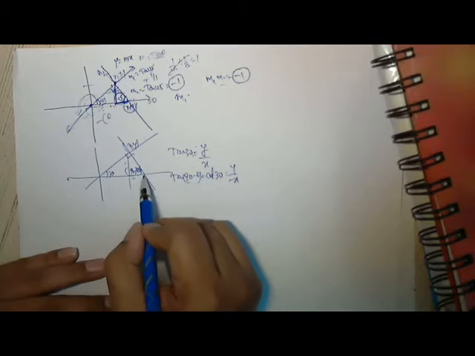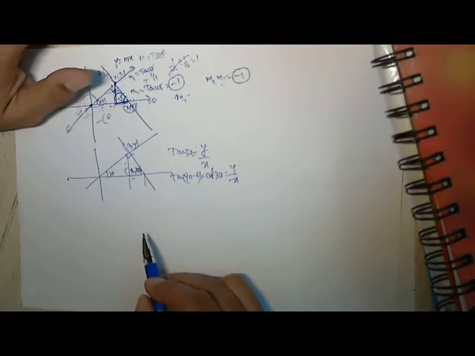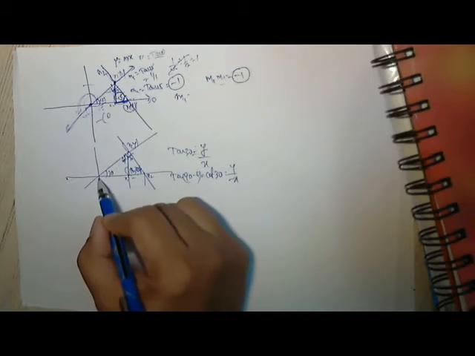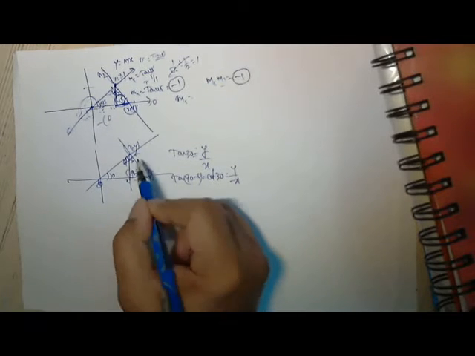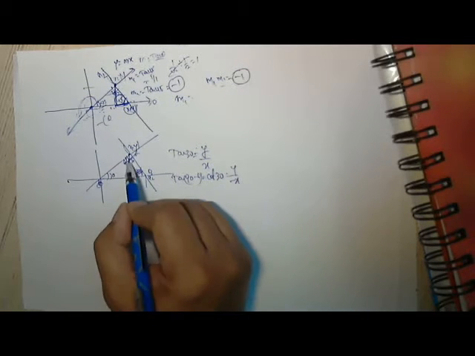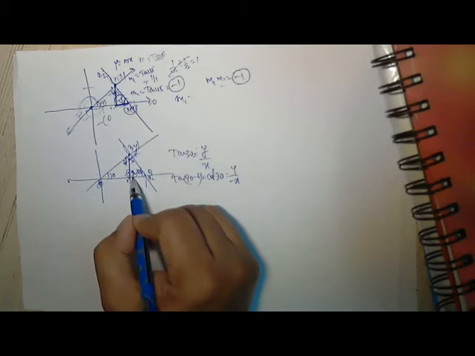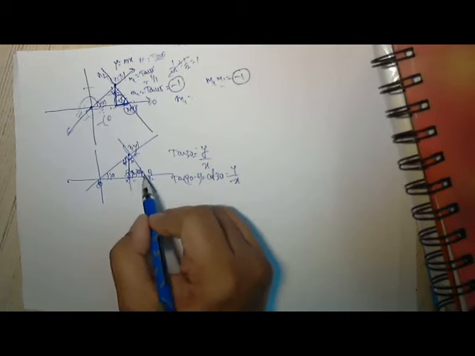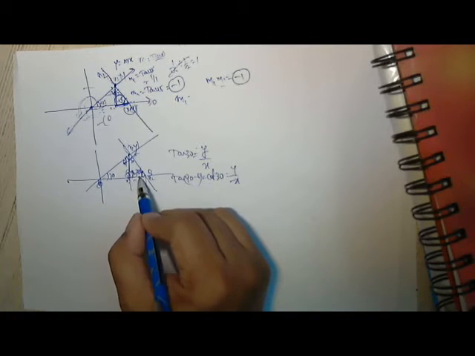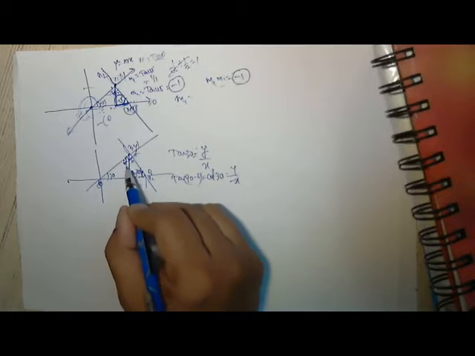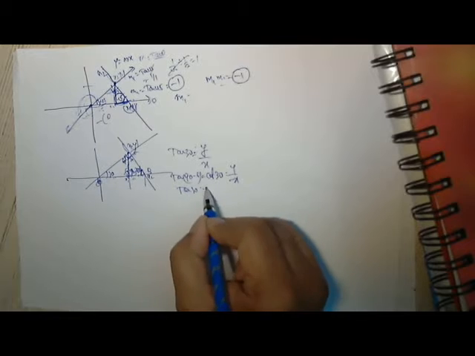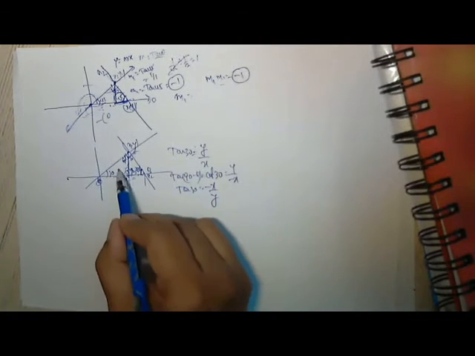What is the difference between these two? If you see this triangle, these are similar triangles. Here it is 90, O, A, B. If you draw a perpendicular here, this triangle and this triangle both have 90 degrees. Here 30, here 30, here 60, here 60. So tan 30 is this by this, and it is the reverse for the other triangle, x by y. So we can say tan 30 is minus x by y, because they are similar triangles.